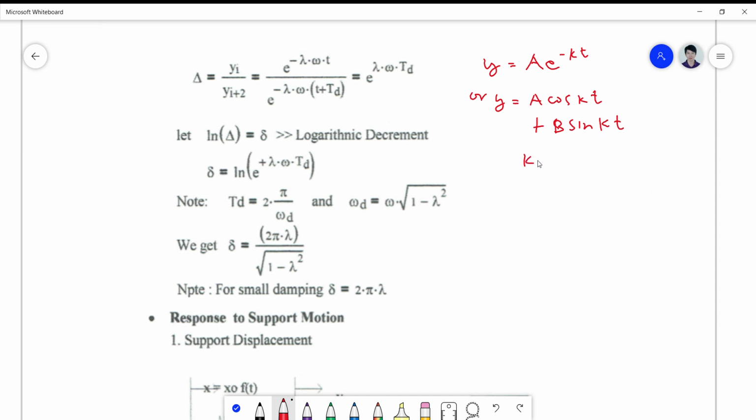Here k is actually equal to lambda omega. So it's a combination of your damping ratio and natural frequency.